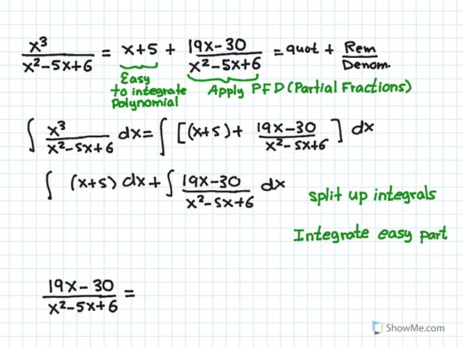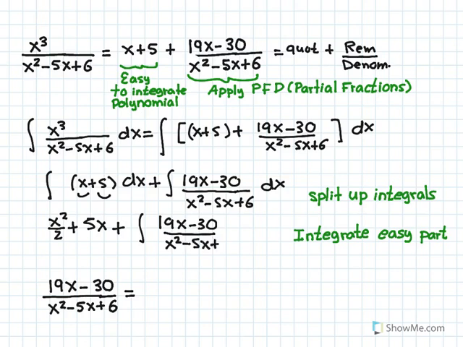Now let's integrate the easy part. What's the integral of x? That's going to be x squared over 2, reversing the power rule. What's the integral of 5? That's going to be 5x, plus the integral of 19x minus 30 divided by x squared minus 5x plus 6.